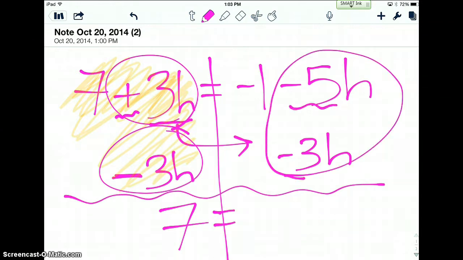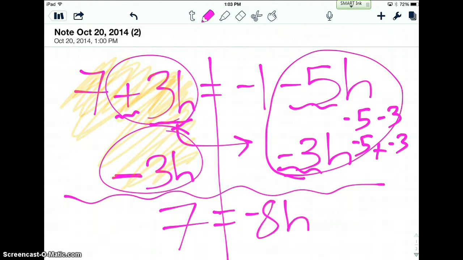Well, I have -5 and I have -3. -5 minus 3 would be what? Or you can think of it as -5 plus -3. Either way, that's -8 h's. But don't leave out that -1. I still have a -1 or a plus -1 left over. And now it's just a 2-step problem to solve.